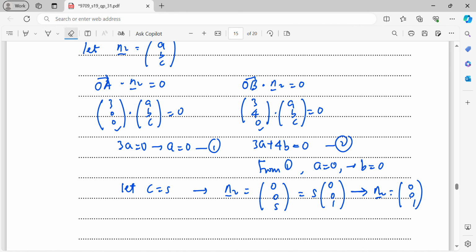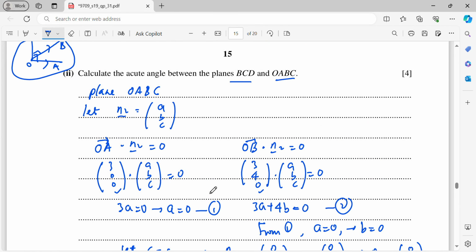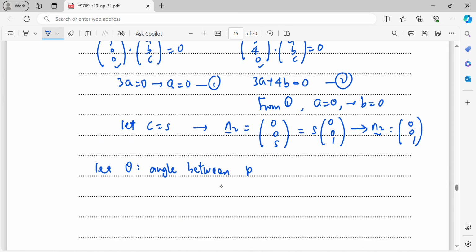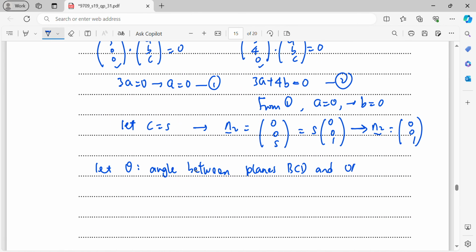Alright, so to find the angle between two planes, that is basically the scalar product formula. Let theta be the angle between planes BCD and OABC. So n1 dot n2 equals magnitude n1 times magnitude n2 times cos theta.